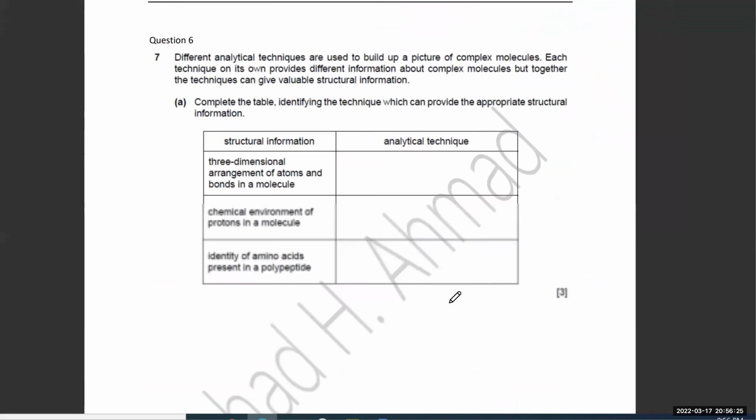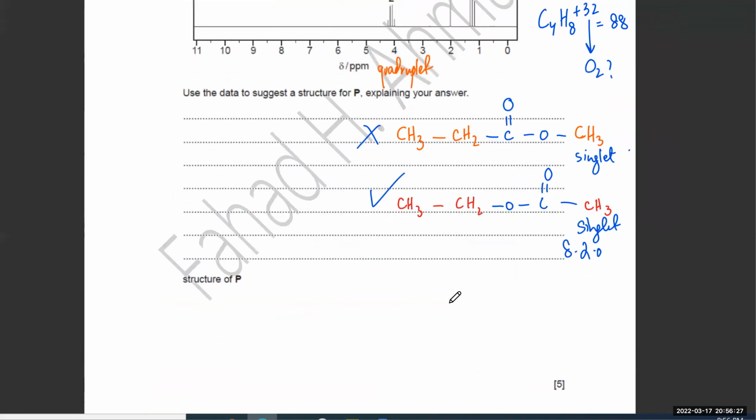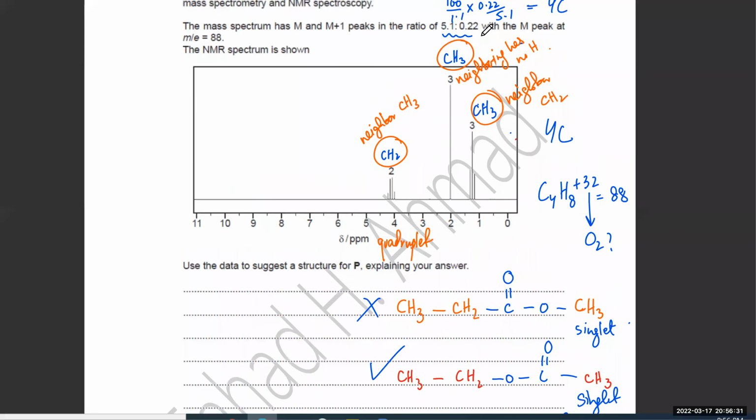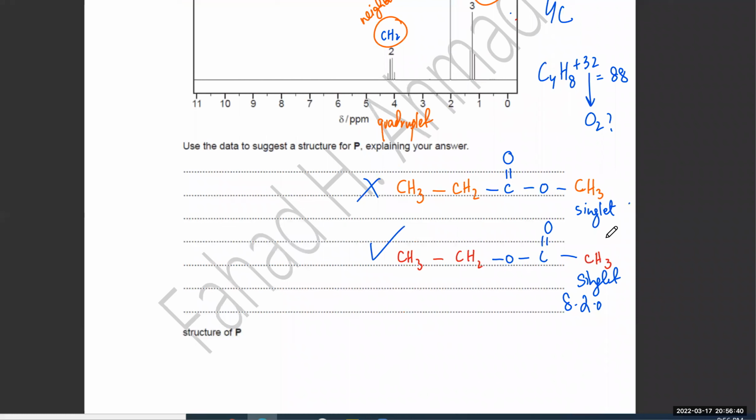I said, then, sir, I don't get it. I mean, you have C double bond O, and from both sides we're getting an alkyl chain, because the singlet was CH3, right? Okay, yes. So in both cases, the singlet peak is this one, not the other one.